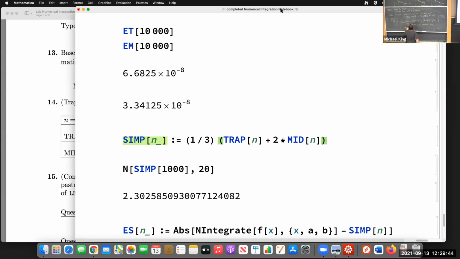That means 3A is approximately trap plus 2 times mid. Which means A, we could divide the 3 over here. And that's exactly what Simpson's rule is.